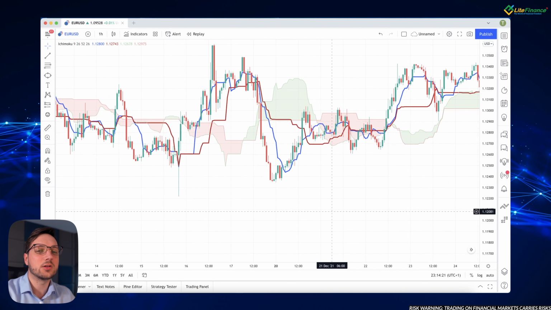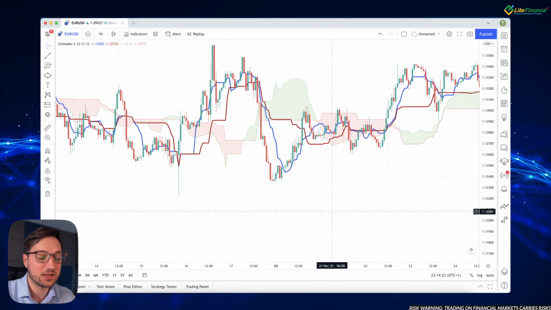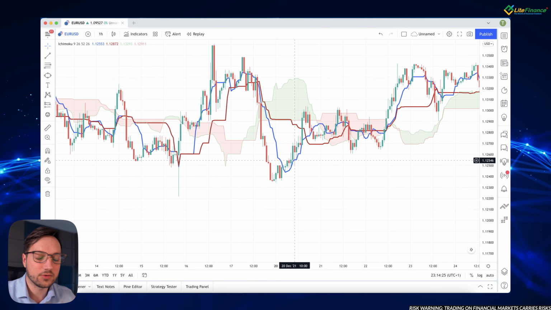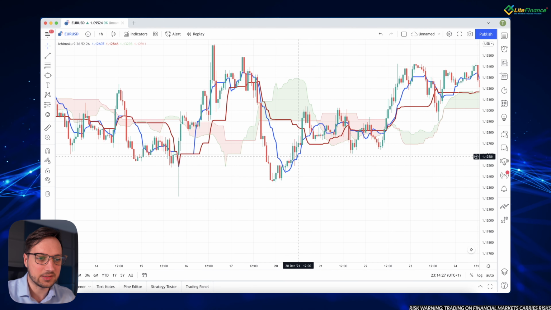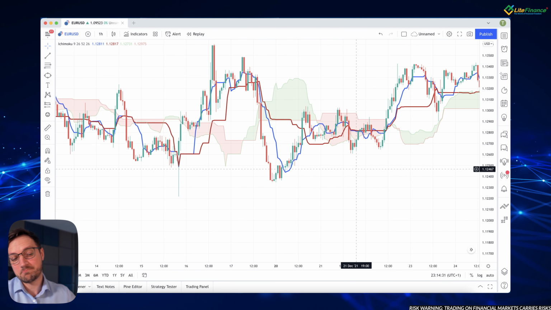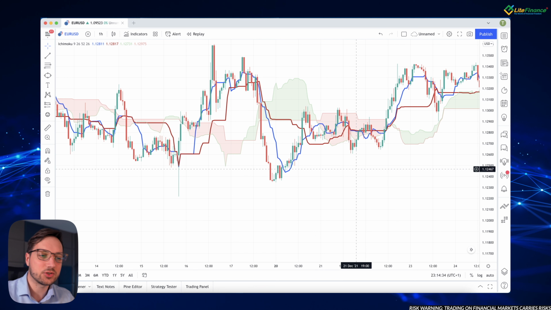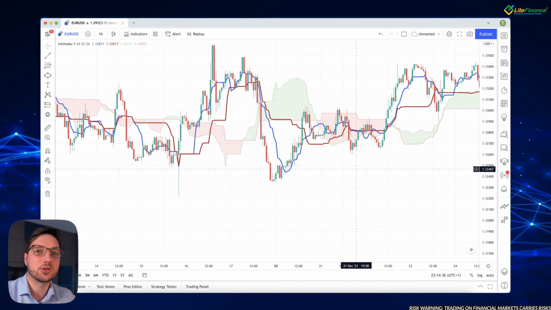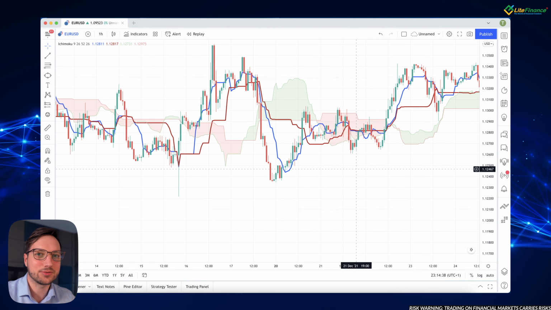So we are looking for the moments when the conversion line crosses the baseline, and the Kumo Cloud will serve us as a sort of moving average to determine the current trend direction.